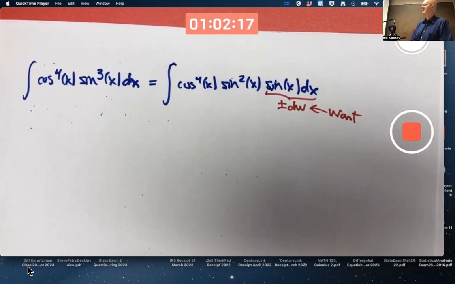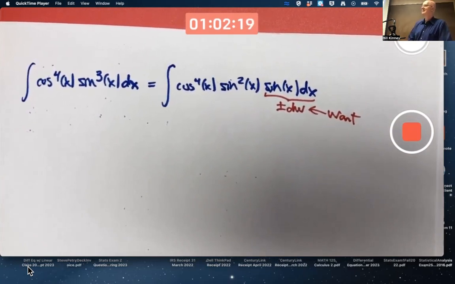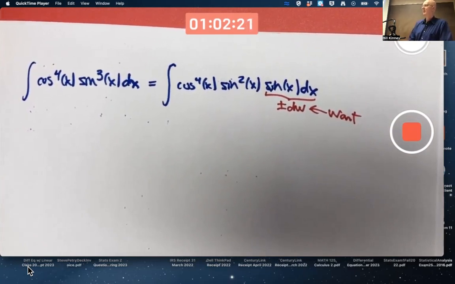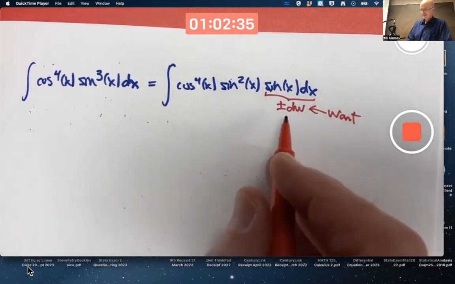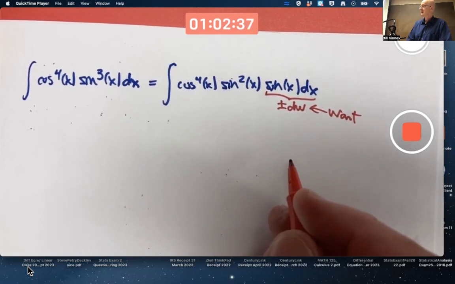If sine of x dx is going to be either plus dw or minus dw, I better let w be cosine. Right? If w is cosine of x, then dw, in fact, will be negative sine of x dx. This will be minus dw actually.